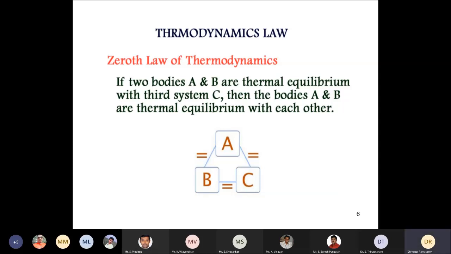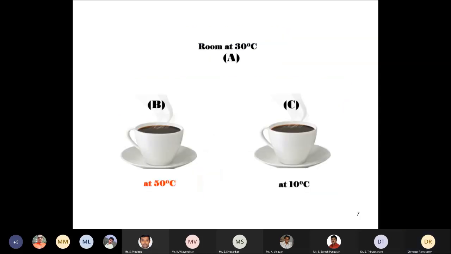So A equals B, B equals C, C equals A. If a person has a fever, his body temperature will be transferred to another person. That is called thermal equilibrium. Heat is transferred from one body to another, and they attain the same temperature.